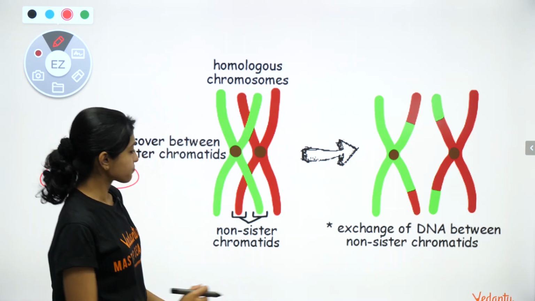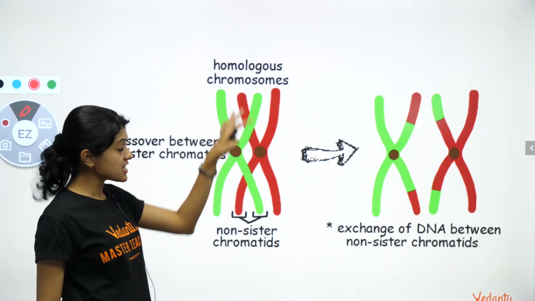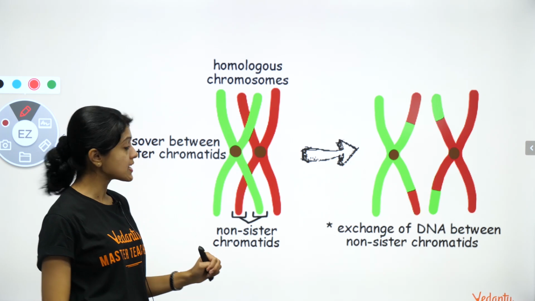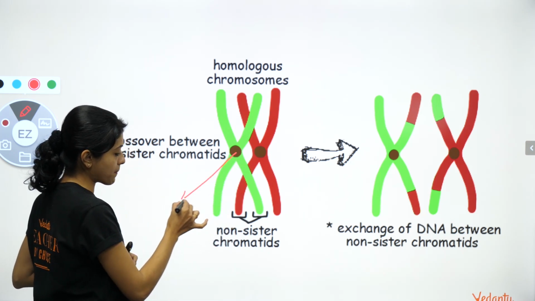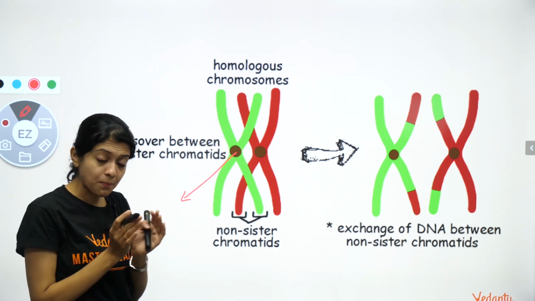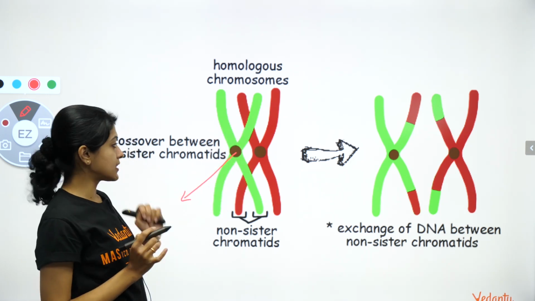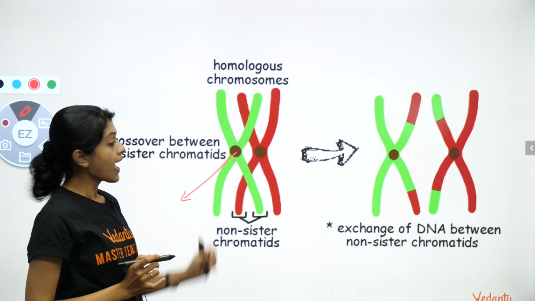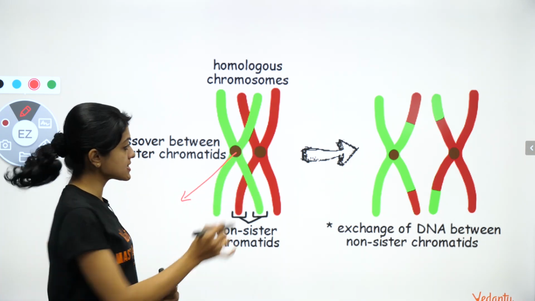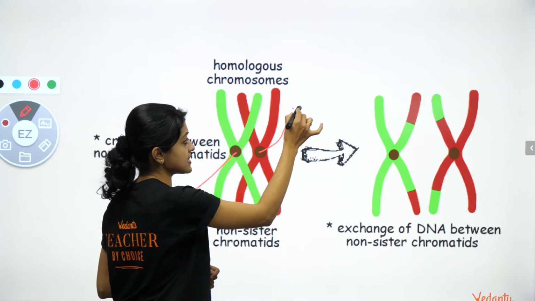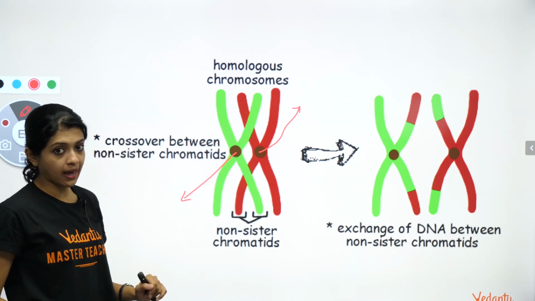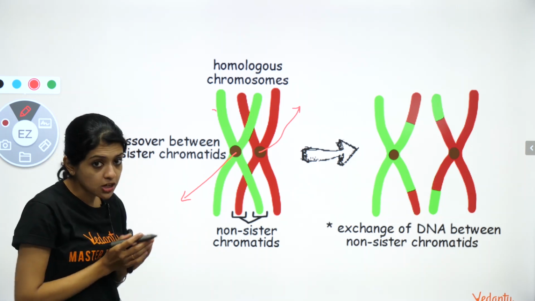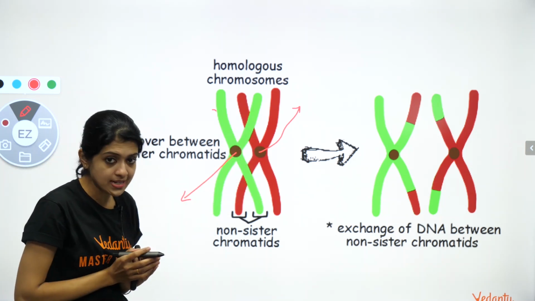Okay, so now if you look at this pair of homologous chromosomes, you would see that the green sister chromatids are held together by this centromere, and the red sister chromatids are held together by this centromere. So in this homologous pair, the green ones are sister chromatids, the red ones are sister chromatids.